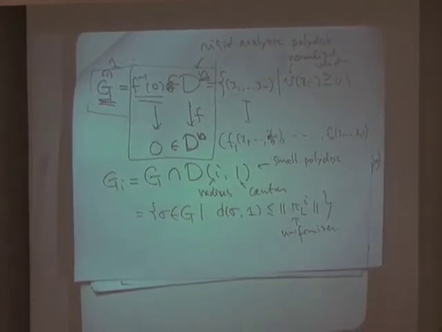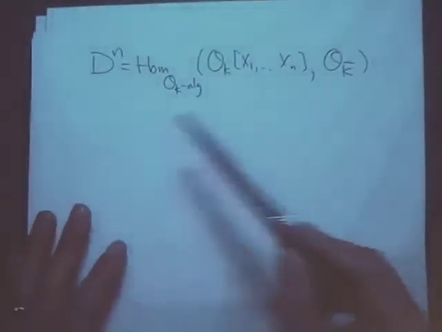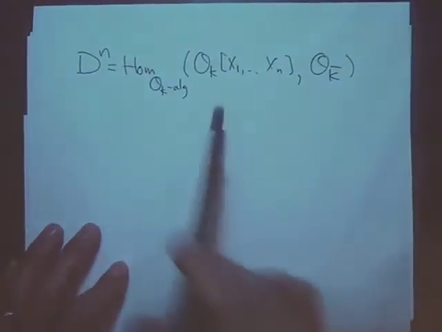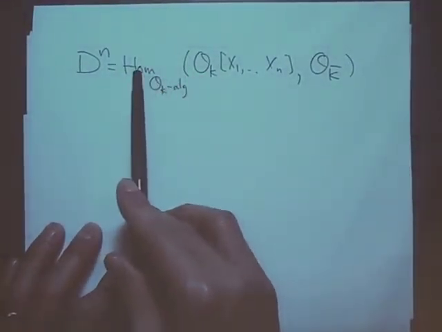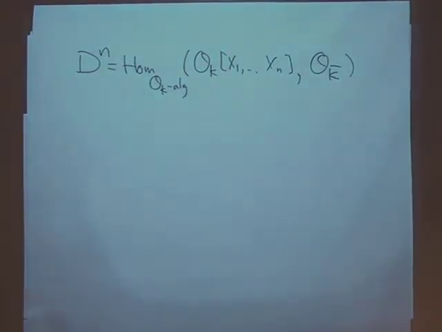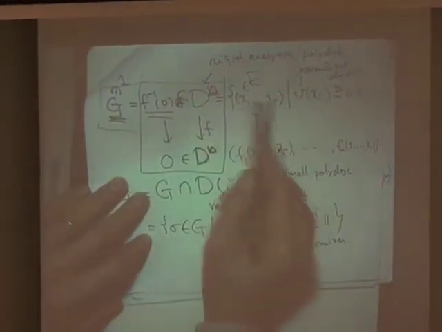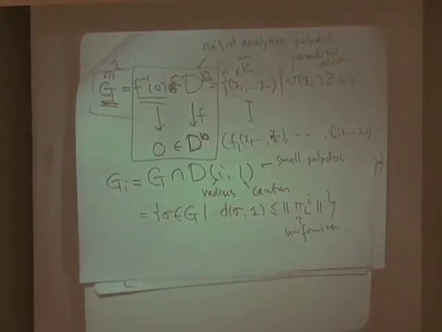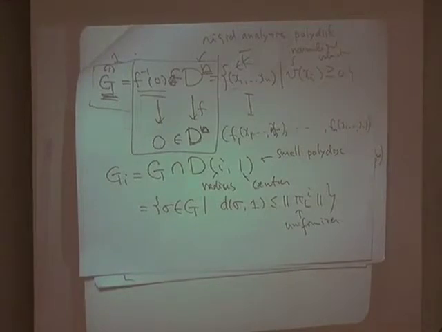Okay. So the disk is identified with the set of O_K-algebra homomorphisms from this polynomial algebra to O_K bar. Because these x_i are in K bar, and the condition that the valuation is at least 0 says that they are elements of the integer ring. If you pick n elements of the integer ring, they define an algebra homomorphism from the polynomial algebra.